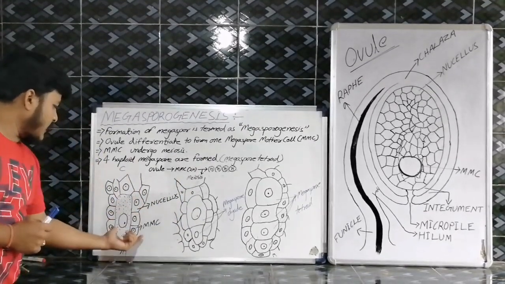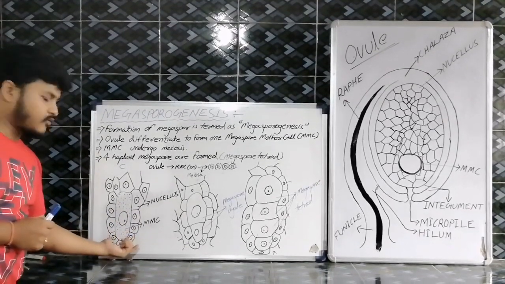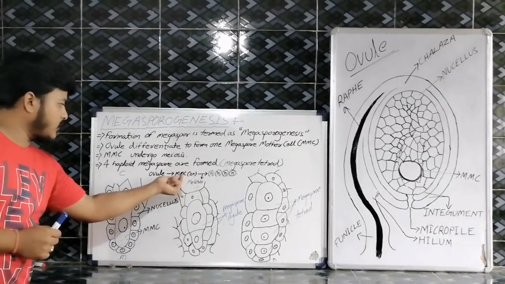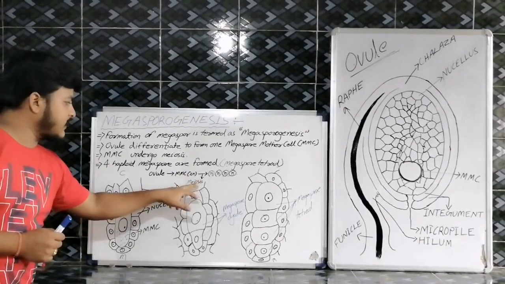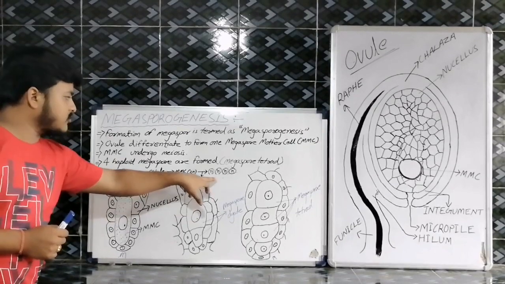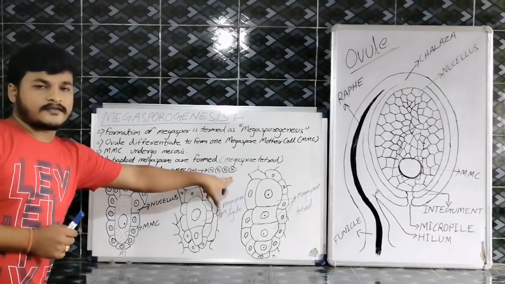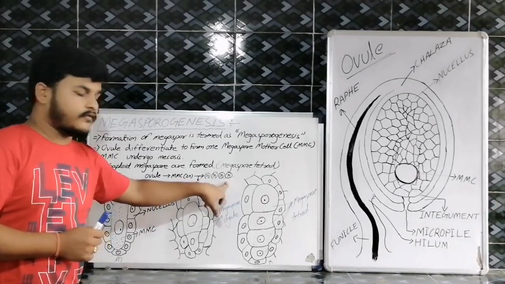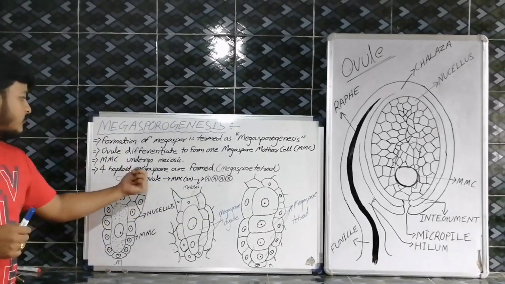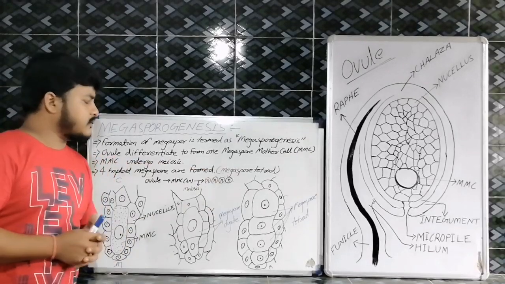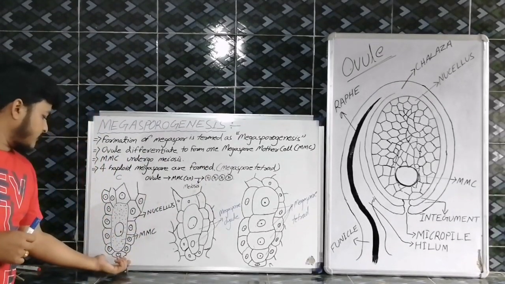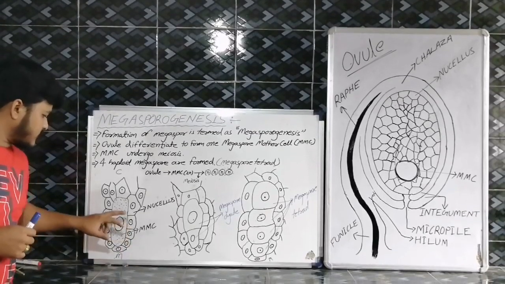The MMC is 2n in nature, then meiosis occurs, and meiosis forms n number of cells, which are haploid in nature. So four haploid megaspores are formed, which is known as a megaspore tetrad.